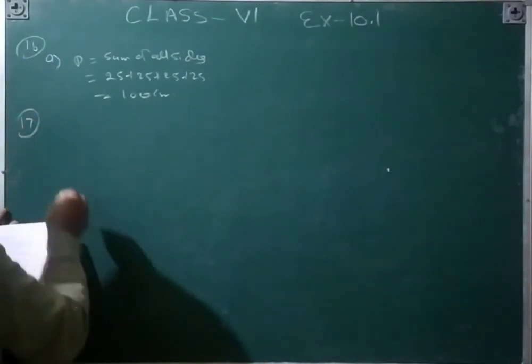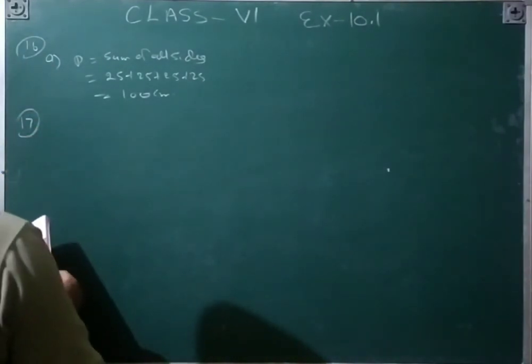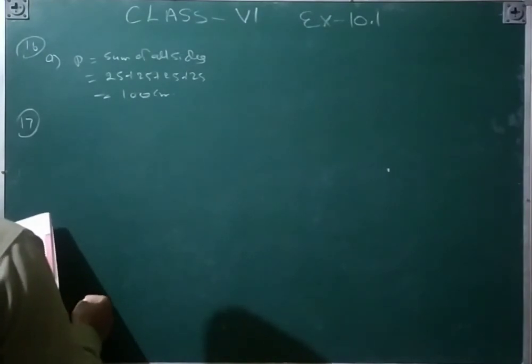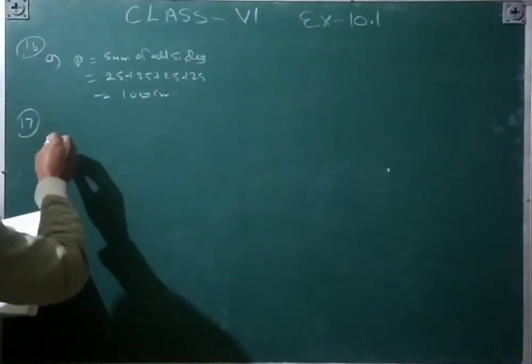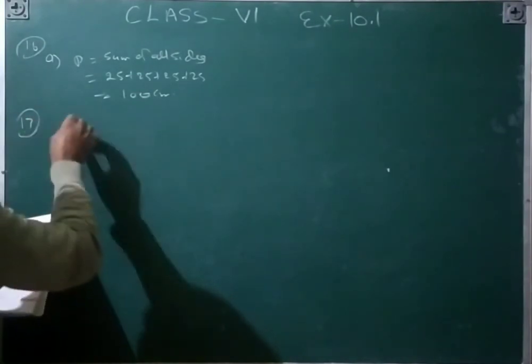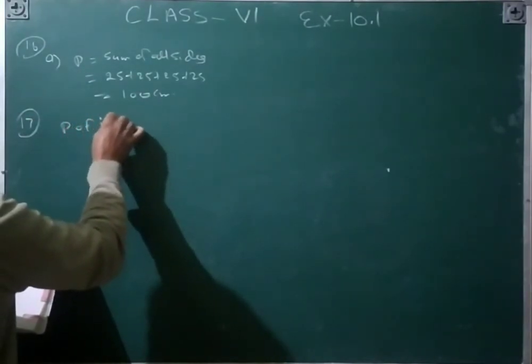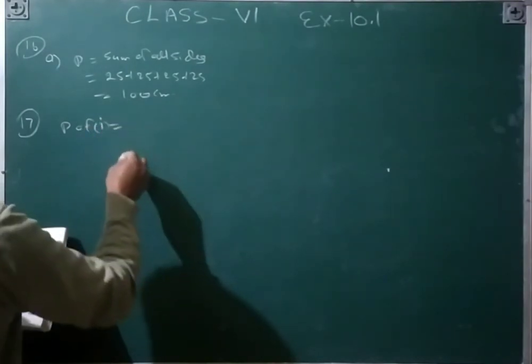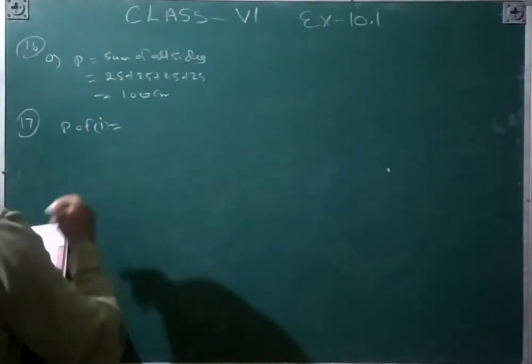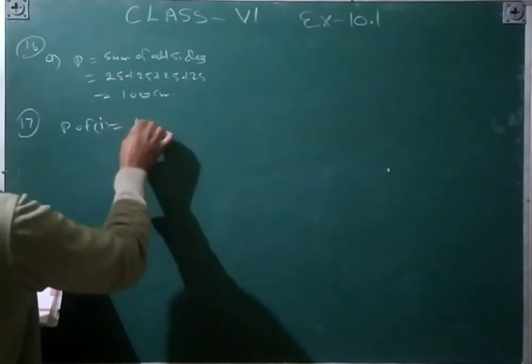17th question. What is the perimeter of the first part? For the perimeter of the first part, count the boundaries, that will be 6.